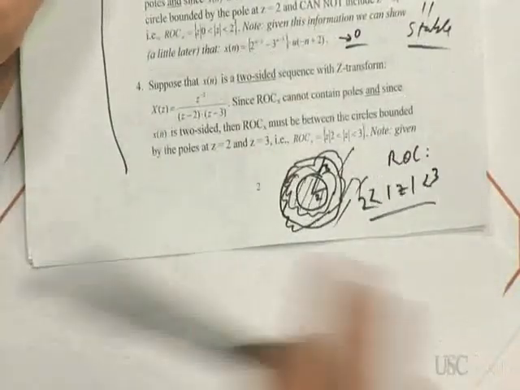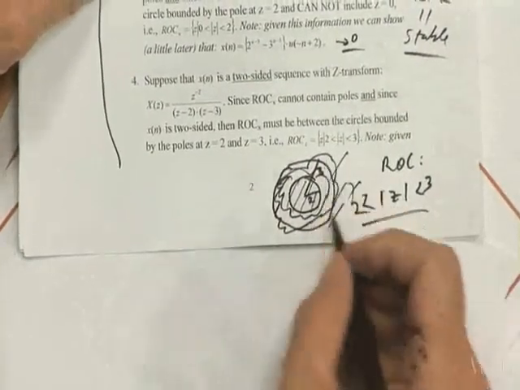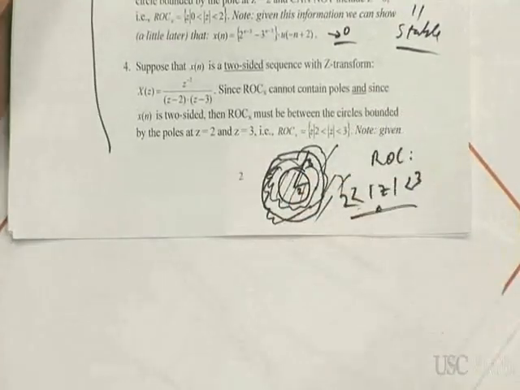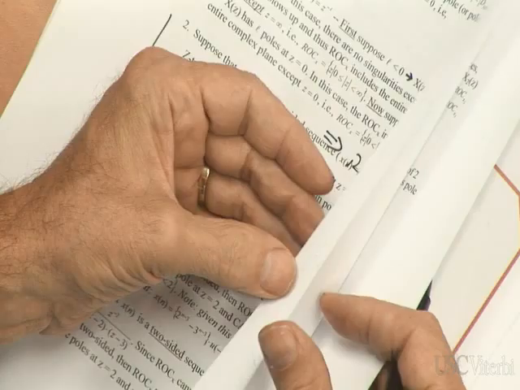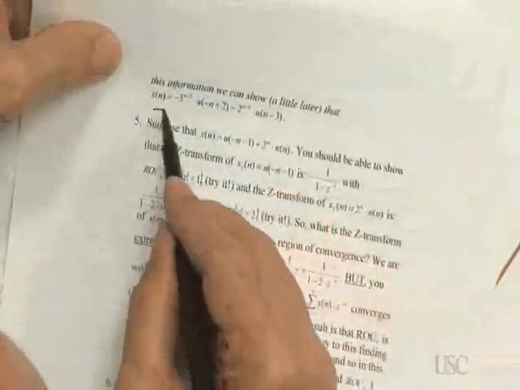It better be two-sided when you find the inverse transform, and it better not be stable, because once again the unit circle is not included in this. When I work out the details of this, here is the solution, and you can verify for yourself that it is two-sided and it isn't stable. So those are three good examples.